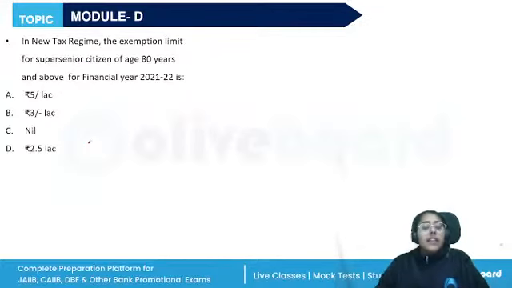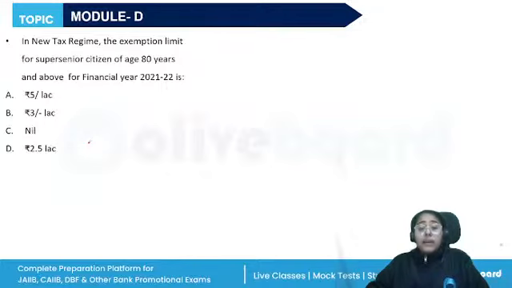Next. In the new tax regime, what is the exemption limit for a super senior citizen of age 80 years and above for the financial year 2021-22? Now we have been given new tax slabs in our budget, but because our syllabus talks about the income tax slabs for the financial year 21-22, we'll be studying that.